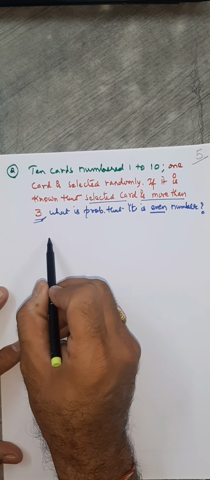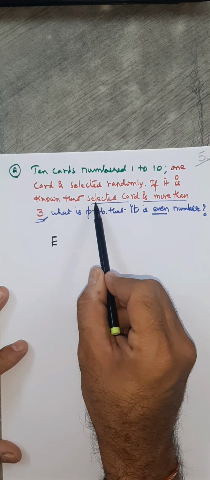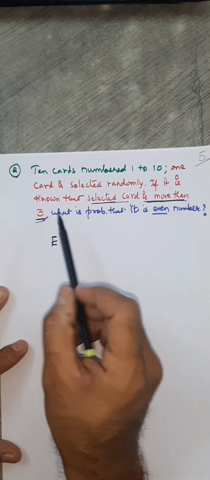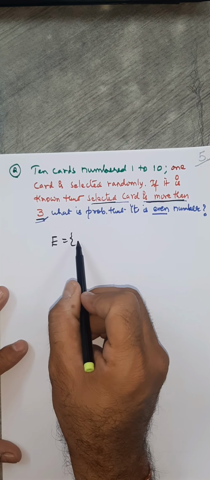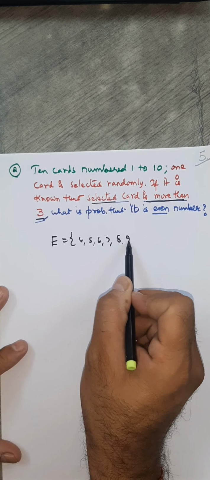Let me call that event E, for example. Which event? That the selected card is having the number more than 3. So more than 3 means which numbers? 4, 5, 6, 7, 8, 9 and 10.